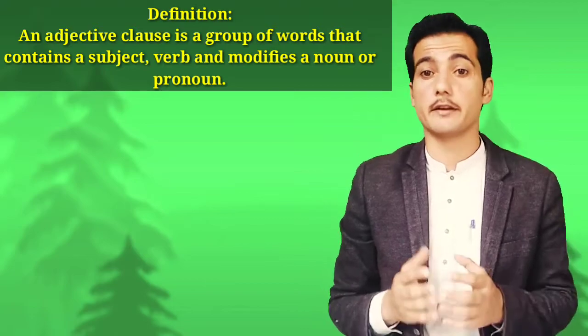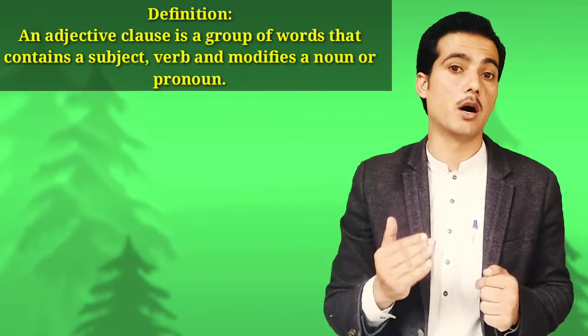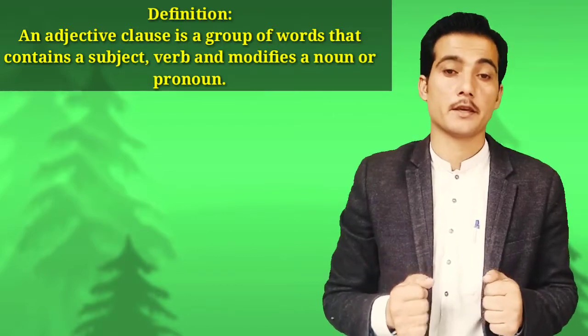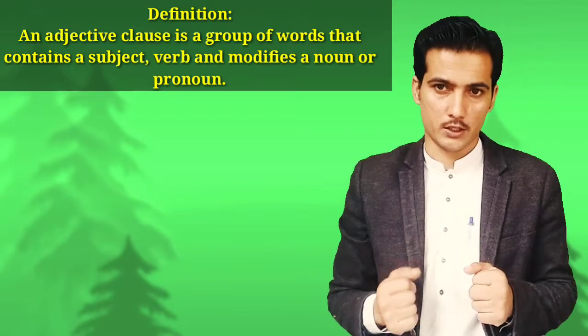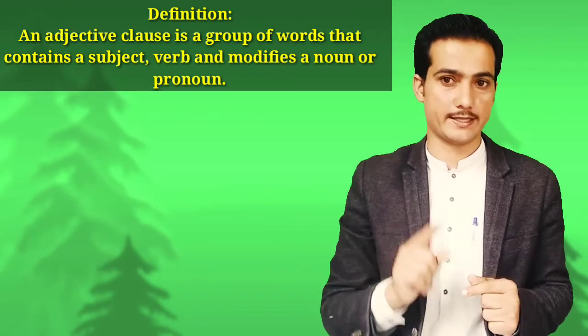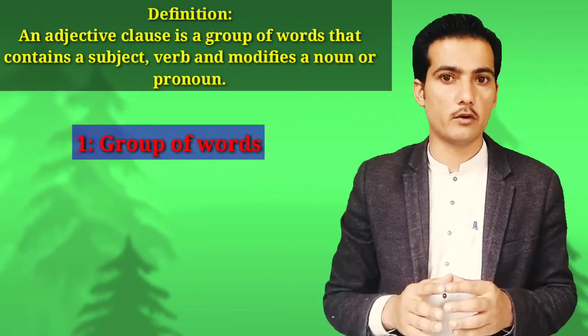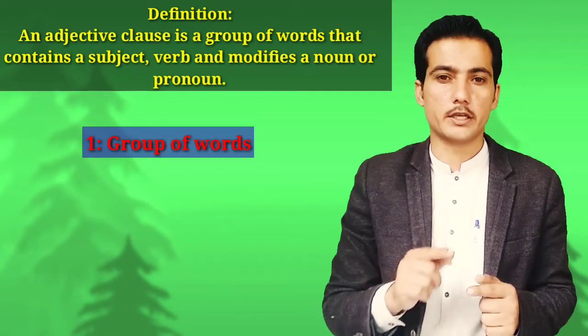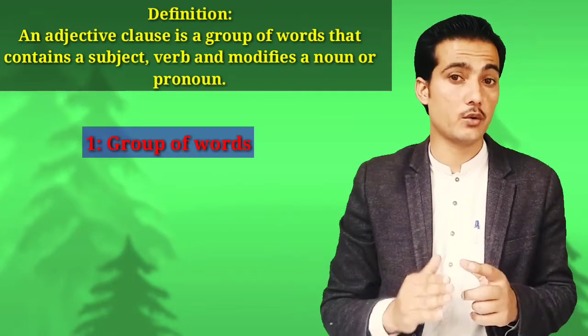If you critically analyze this definition, it gives us information about the adjective clause. It means how an adjective clause should be. So the first information is that an adjective clause will be a group of words, so it will be more than one word.